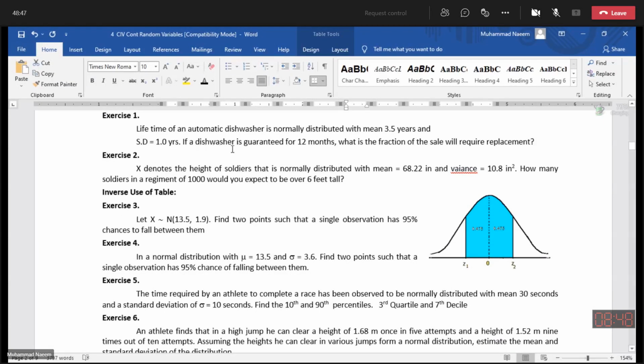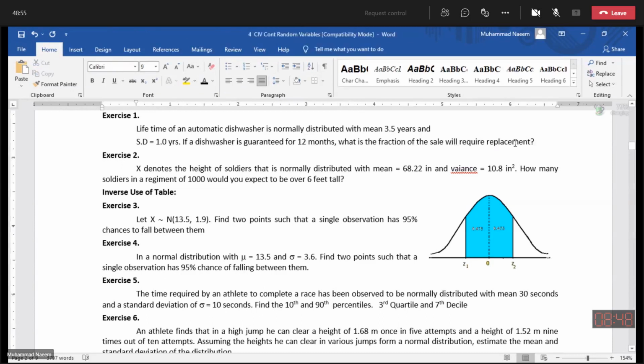If the dishwasher is guaranteed for 12 months, what fraction of the sale will require replacement? That means the claim will be accepted. What fraction of the sale will require replacement? That means we will accept the claim.